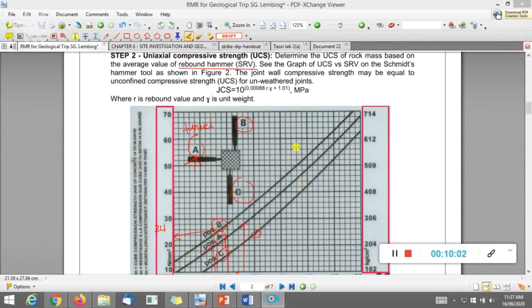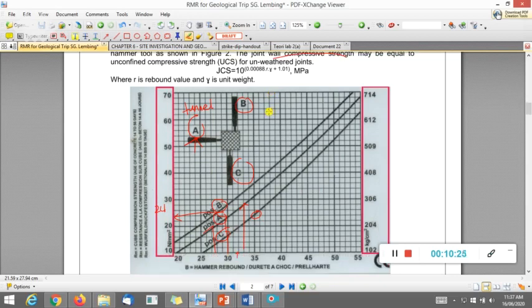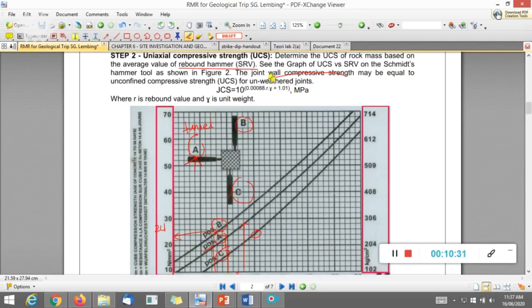Then you need to put this value in JCS, which is joint compressive strength, and then you can put SR. For unit weight, you need to take some samples and bring them to the lab, because unit weight is mass over volume. Then you will get the JCS, joint compressive strength, in MPa.